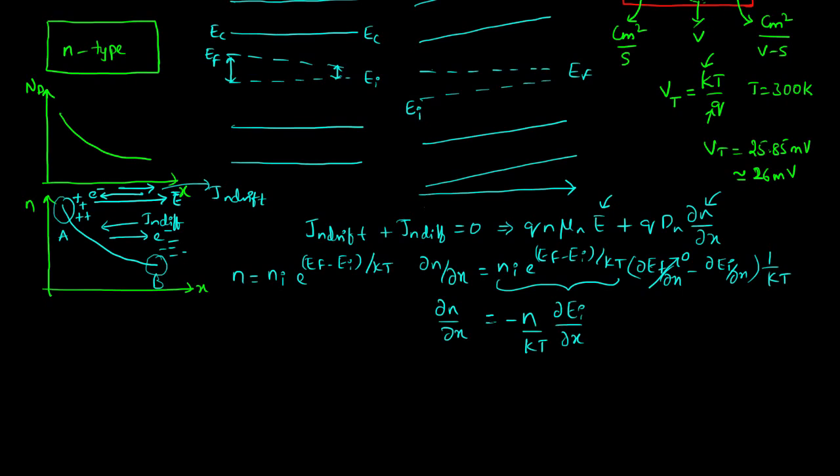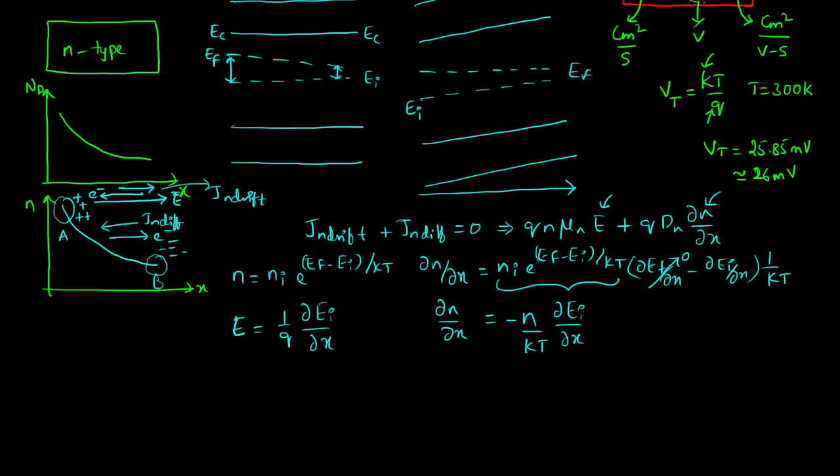Now what is electric field? Now we can write electric field E as 1 over Q times del Ei over del x. And Ei is changing with respect to x. And we will see why we can write electric field in this way in the next video.